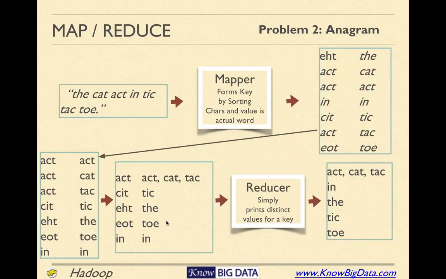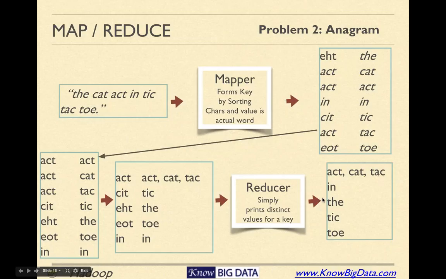So what I do is take a word and arrange the letters in increasing order, correct? Which means that all the anagrams will generate the same arrangement. All the words which are anagrams of each other will generate the same sorted word.